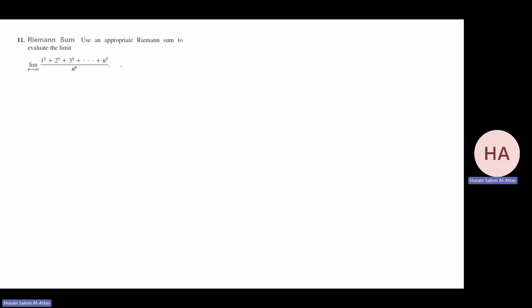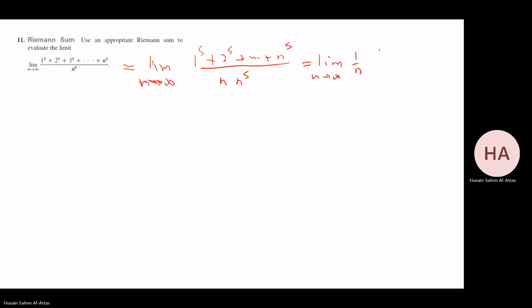The same idea. I need to take n outside. So that gives me 1 to the power 5 plus 2 to the power 5 plus n to the power 5, over n to the power 5.